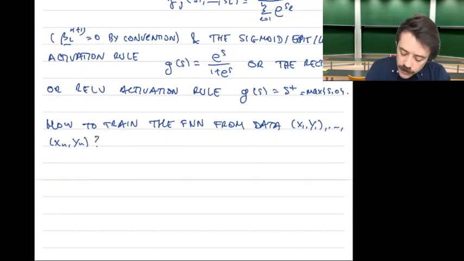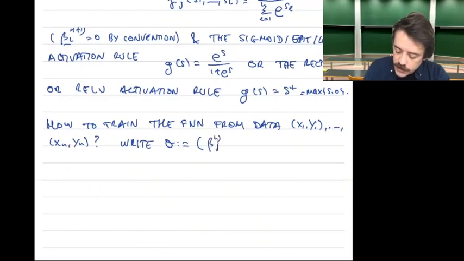Let us write theta for all of the parameters. These are going to be the beta_{j,h}, where j goes from 1 to p_h, and h goes from 1 to H plus 1.